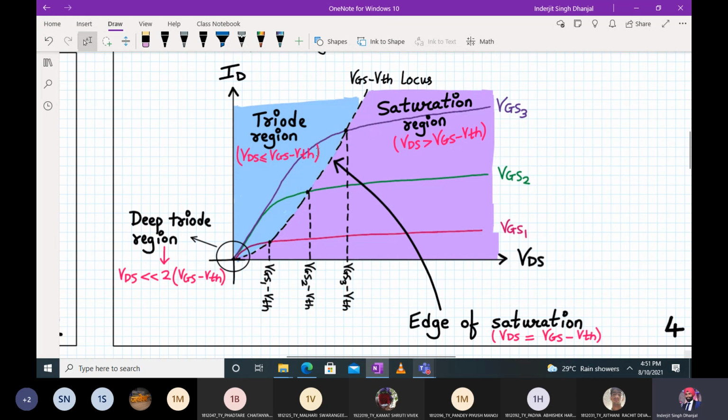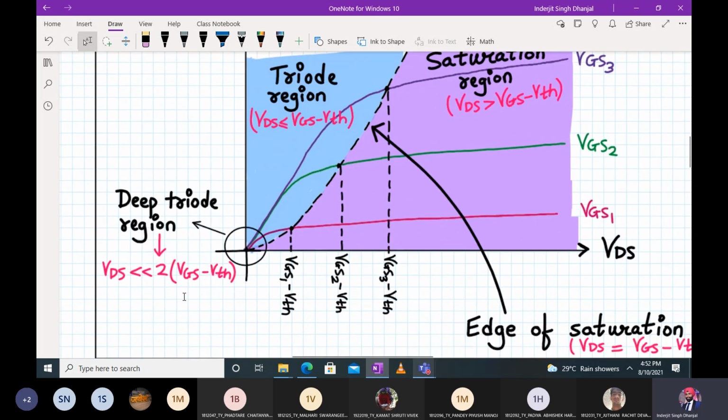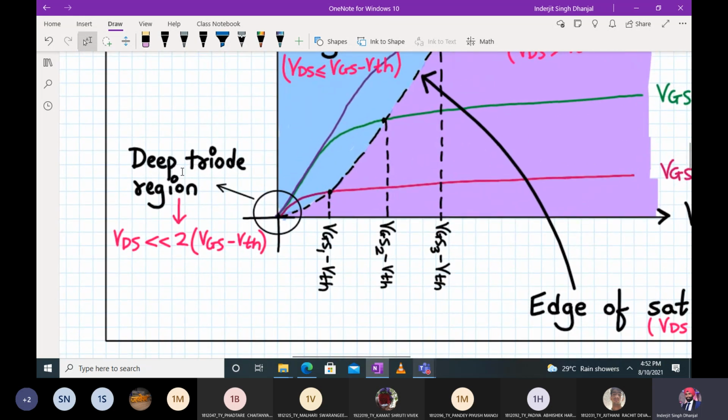Then we have a triode region, wherein VDS is less than or equal to VGS minus VTH. Actually, I should have written only less than over here, but it's okay. And there is one more region, which we call the deep triode region. In this region only, I can say that my current versus voltage relation is linear.